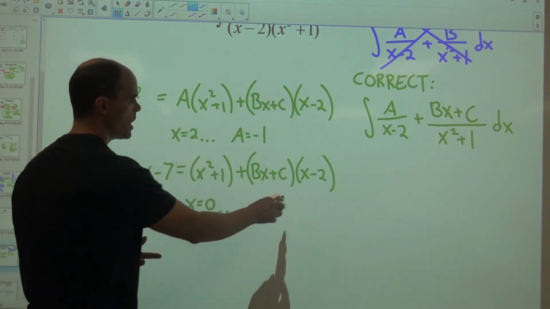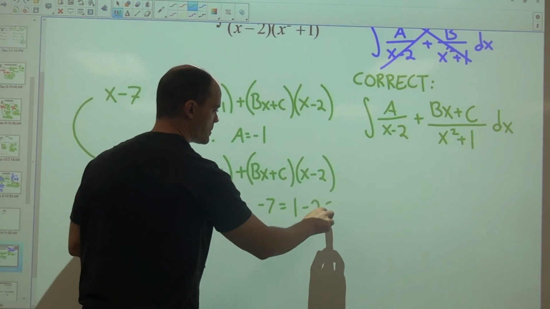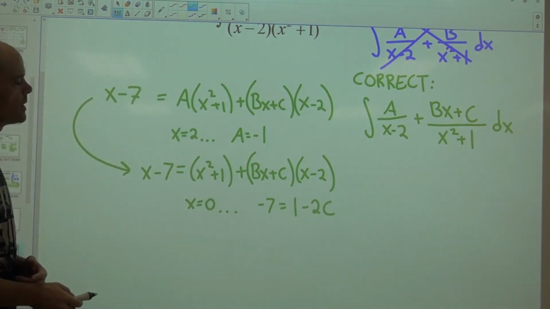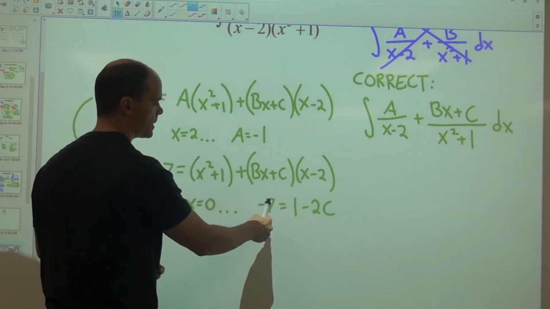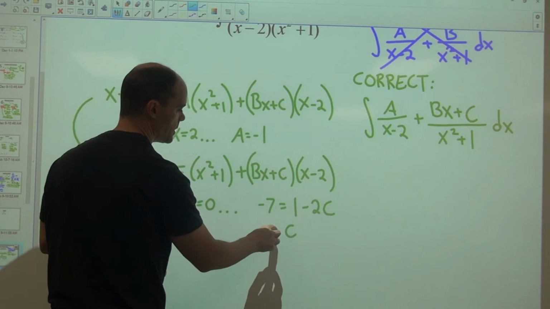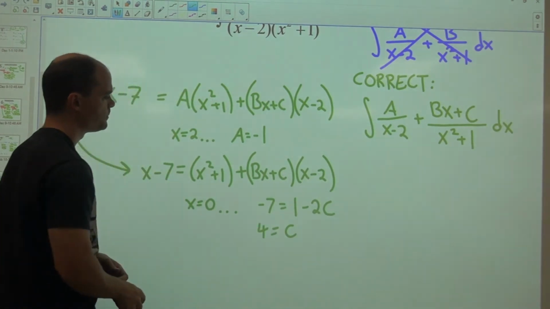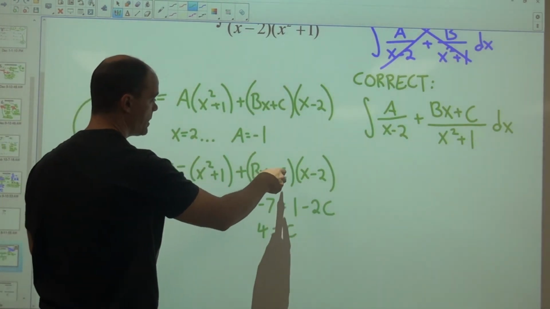So I'll have 1, and then here I'll have minus 2c. So 0 is a great choice. It allows me to solve for c. Subtract 1 gives me negative 8. Divide by negative 2 gives me 4. And c equals 4.